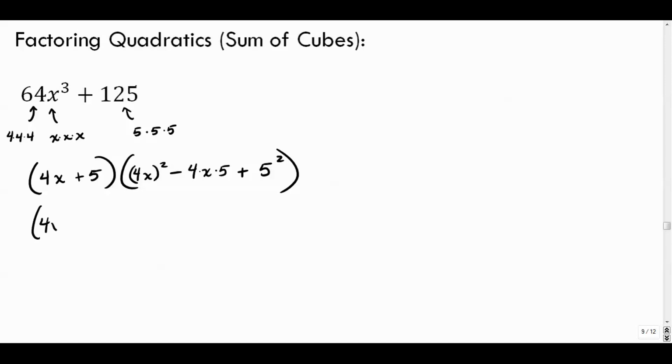So let's clean that up a little bit and then we'll check it to make sure that we got the right formula down. 4x squared, quantity 4x squared is 16x squared minus 20x plus 25.